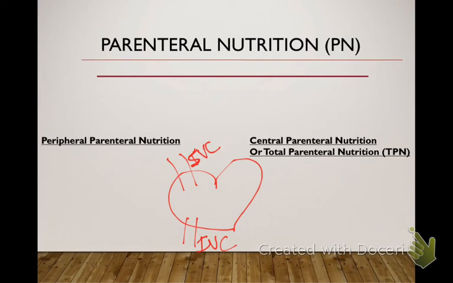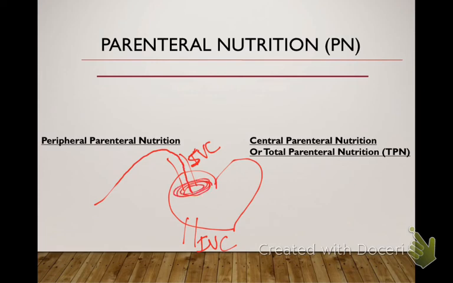They'll either centrally put it in, or peripherally insert it, which is a PICC. They'll insert it into your arm, thread it all the way up into that superior vena cava, and it sits in the right atrium of the heart.